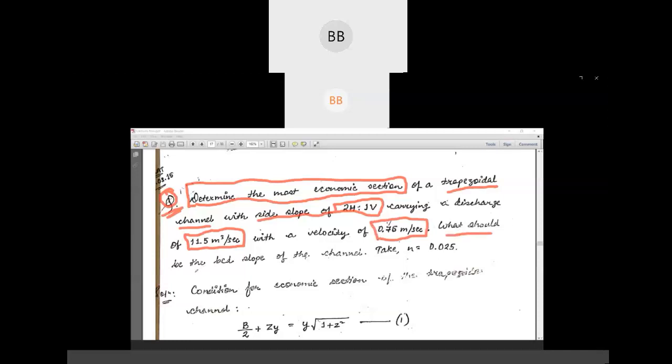What should be the bed slope of the channel? You also have to find the SP. And the roughness coefficient is given as 0.025. First you write down the question.